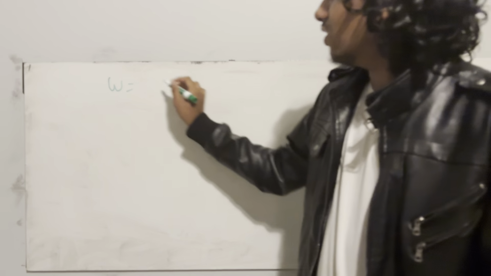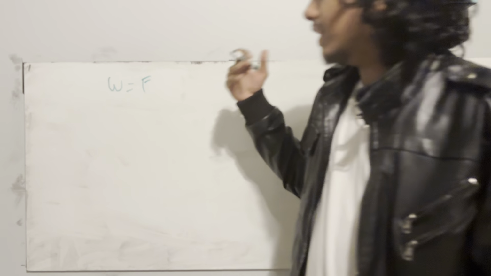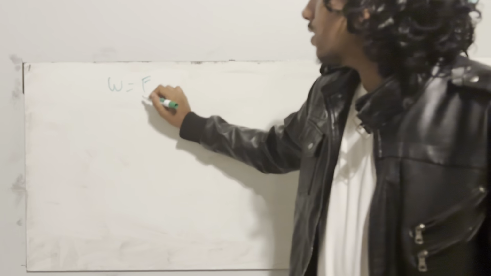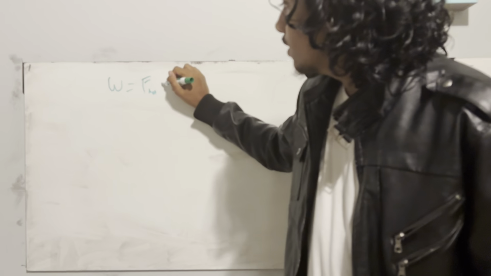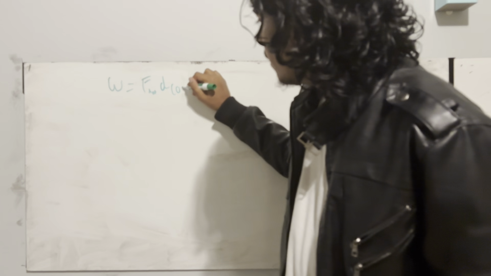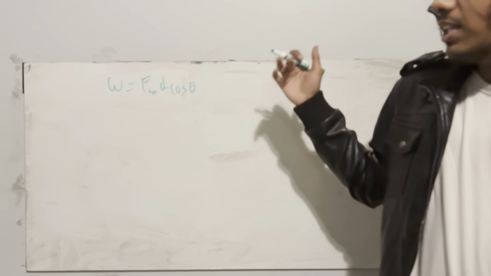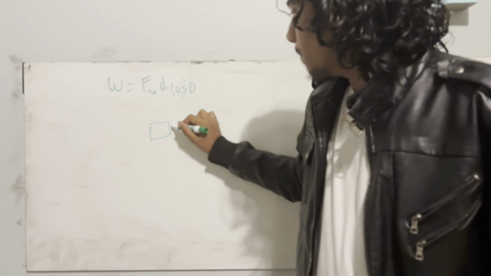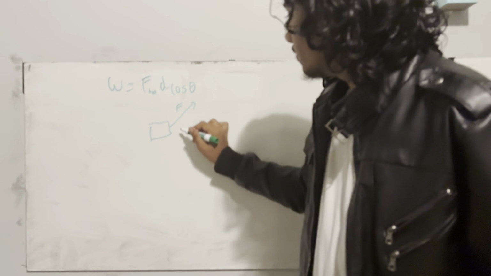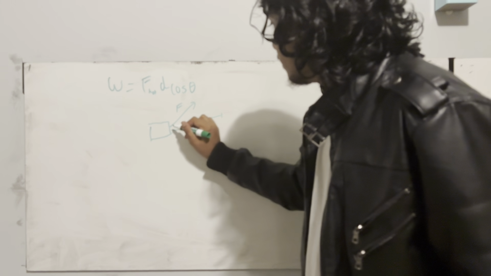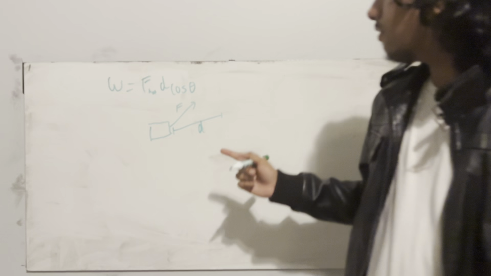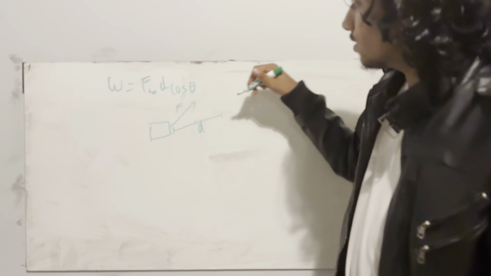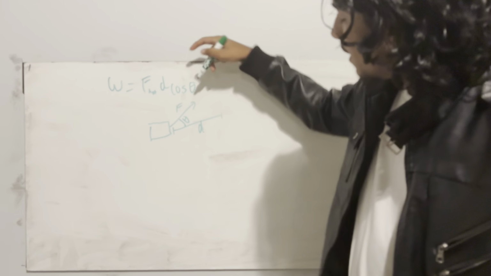But here, work, as a definition, like F equals ma. Work is net force times the distance times the cosine of the angle. What that means is if I push a block, say I have a block, and I pull it with some force along a distance d, to find the work done by me, I'm going to take the angle and find the cosine.